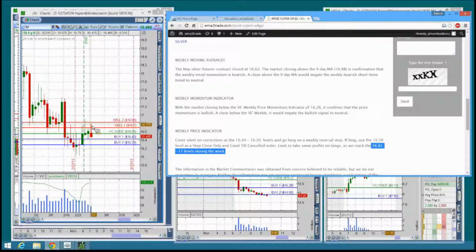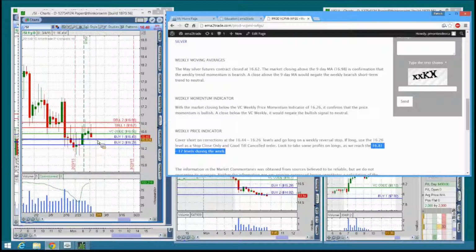And now the market seems to have come down through the 1656 level, which is the weekly indicator, and possibly looking to test that B1 level of 1648 and the B2 level target of 1629.